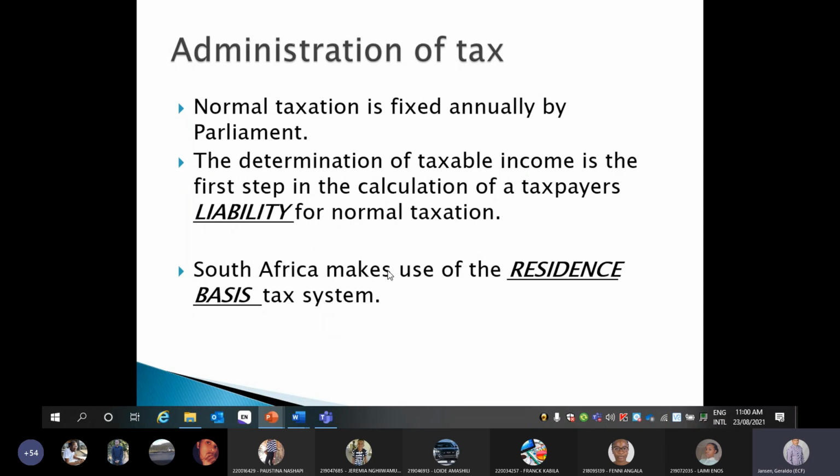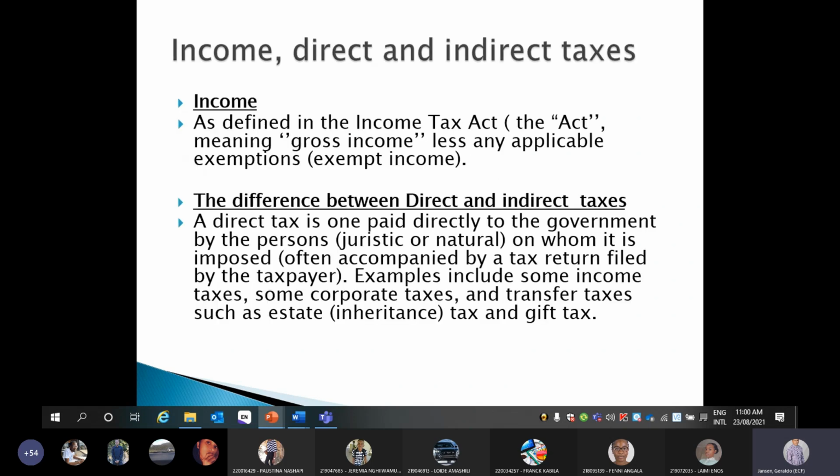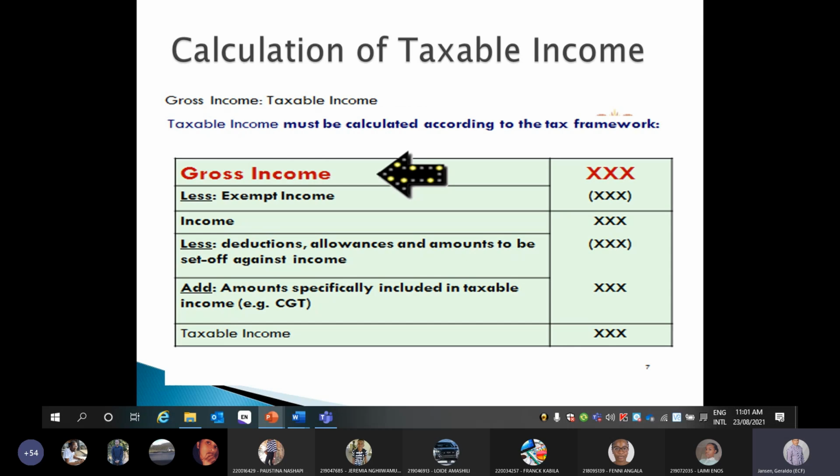Now, South Africa makes use of a residence-based tax system, guys. I already spoke to you about this. Residence basically means that if you are a resident in South Africa, you will pay tax on your worldwide income. Now, I will look at income, direct and indirect taxes. Remember, we already defined what income is. Basically, we will just be working around this framework all the time.